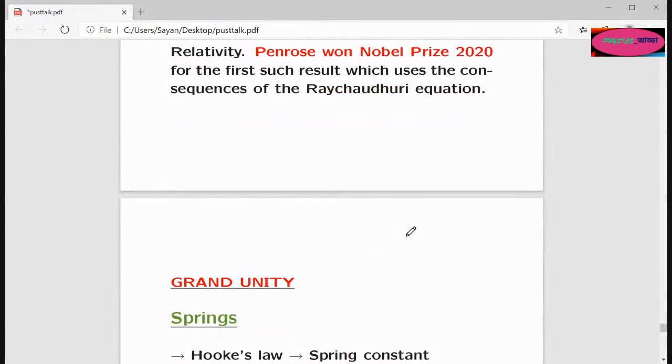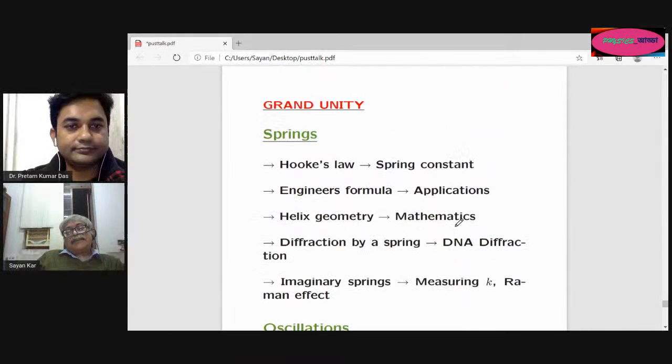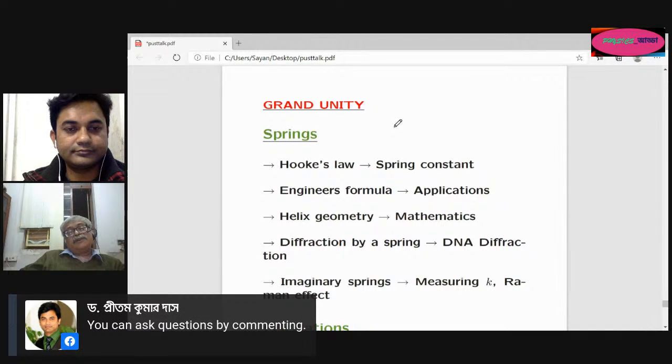So what I've shown you in this talk is something, as I've been emphasizing, there is a grand unity in various different phenomena, and the paradigm we talk about is related to oscillations. We started with Hooke's law, we talked about the spring constant, we gave the engineer's formula, and we looked at what kind of Ks are required for what kind of springs and how you engineer specific springs for specific situations.